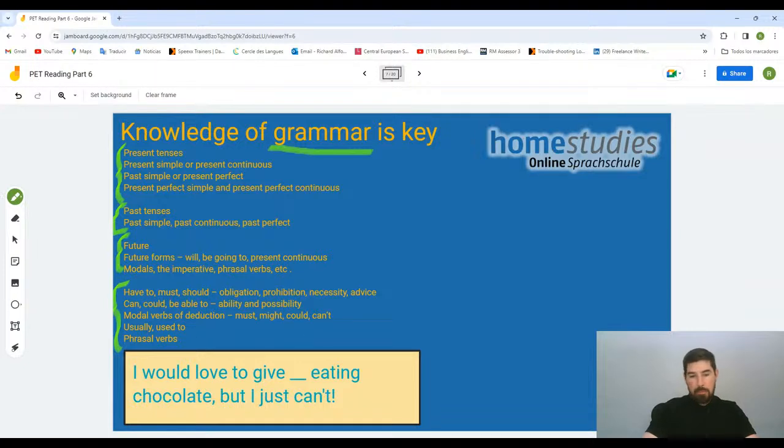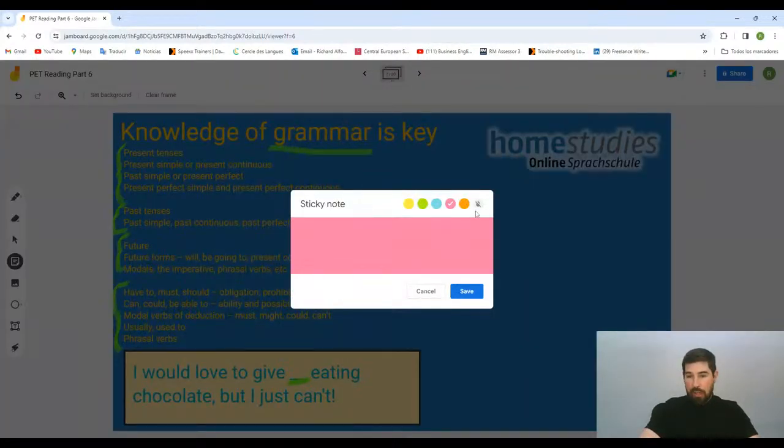Now, we're looking at the before and after and applying our grammar knowledge. So here is a little teaser to get you going. We've got a gap here. Again, the word's got to come from in here. It's one of the grammar points we have on the screen. Now, what could it be?